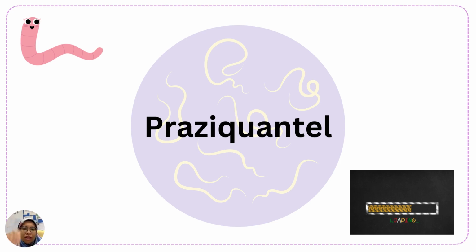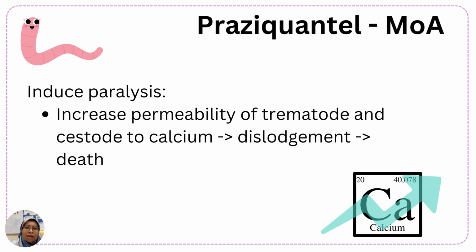We're going to move on to the next one, which is praziquantel. Again, this one induces paralysis. You can see a few already induce paralysis. Only the first one affects the microtubule, but the two before praziquantel cause paralysis. So praziquantel also induces paralysis, but the way it does so is slightly different: it increases the permeability of trematodes and cestodes to calcium. So much calcium leads to paralysis.